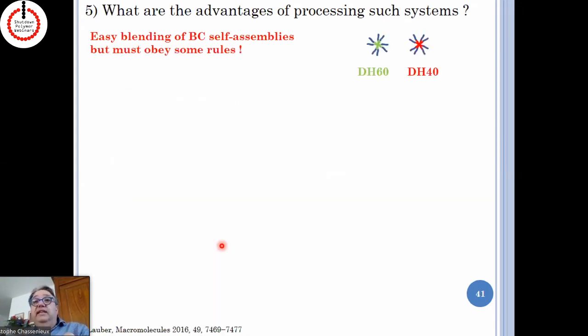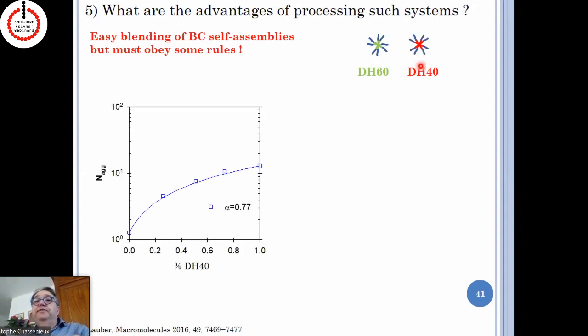Another way of saying this is that if you mix micelles of one block copolymer with micelles of another block copolymer, you are able to make mixed micelles between both. But it doesn't work every time. For instance, this is the aggregation number of micelles of block copolymer, where the hydrophobic block has been tempered with acrylic acid, as a function of the composition.